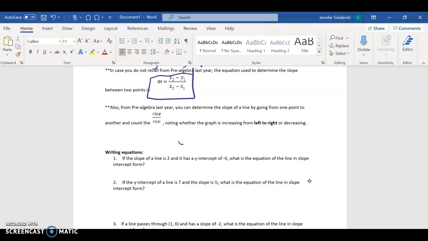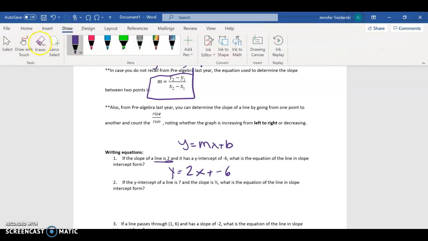Well, we know slope-intercept form is y equals mx plus b. They give me my slope, so I'm going to plug that in for m. So we know y equals 2x plus my y-intercept, -6. Basically now that we're in algebra, we should probably erase that plus -6 and just say -6.